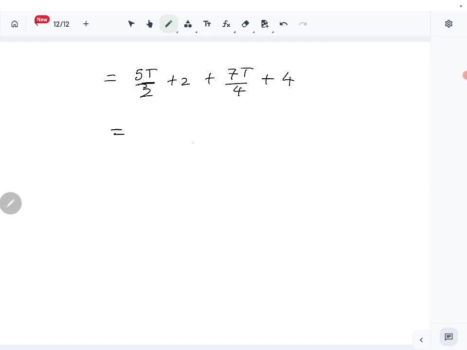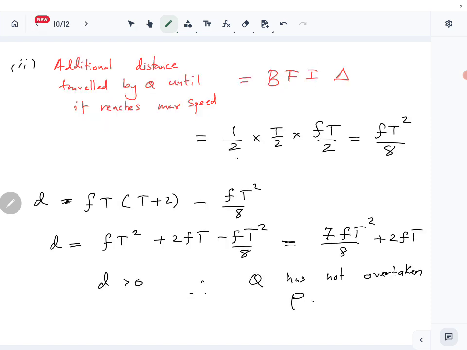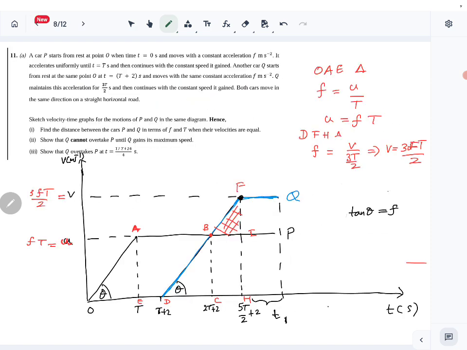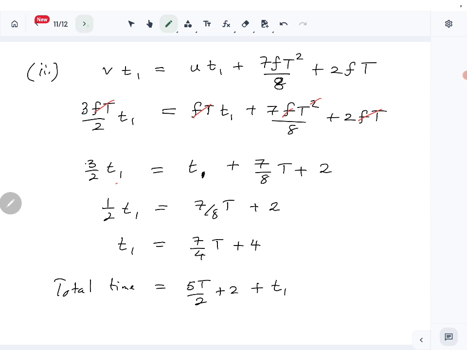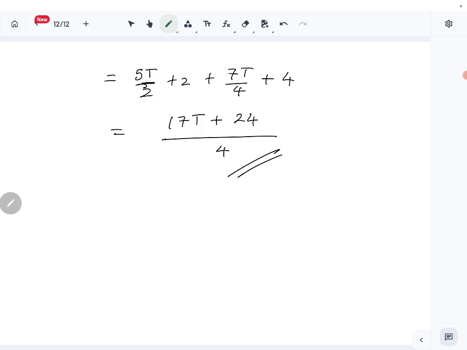So simplify: 17t over 4 plus 6, that is (17t plus 24) over 4. Right, that's what we want to show. So that amount of seconds it takes Q to overtake P. We have shown that. So next we'll look at part b of this question.